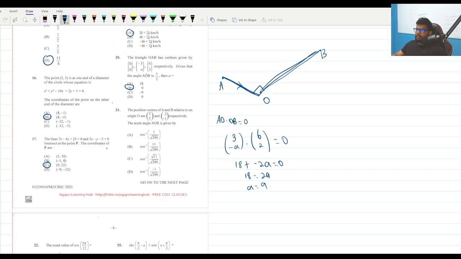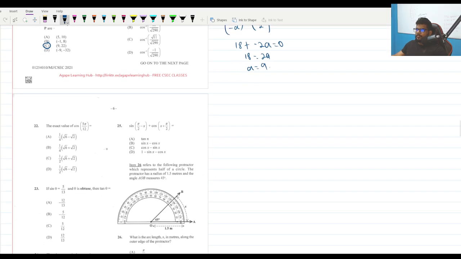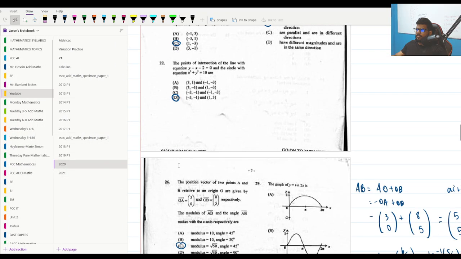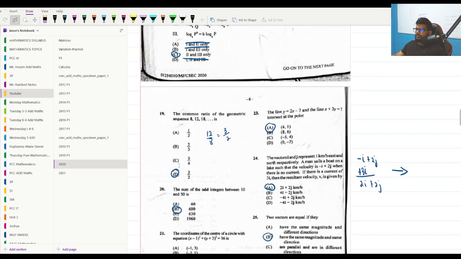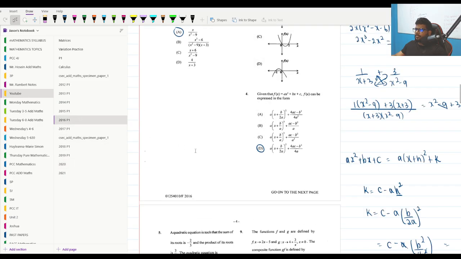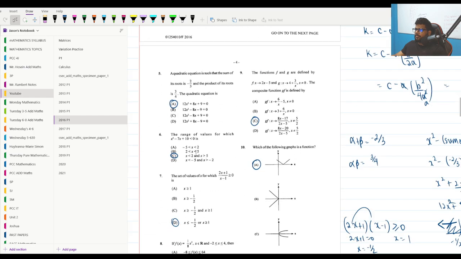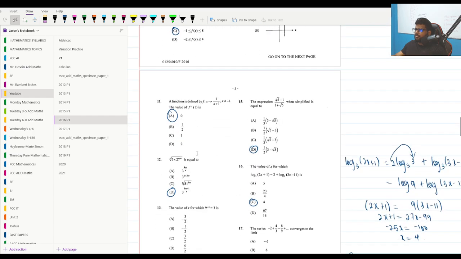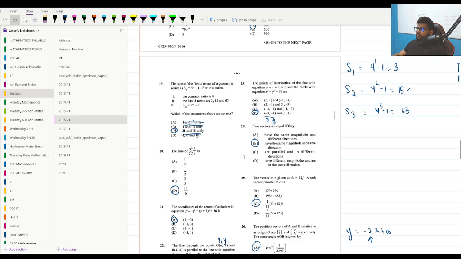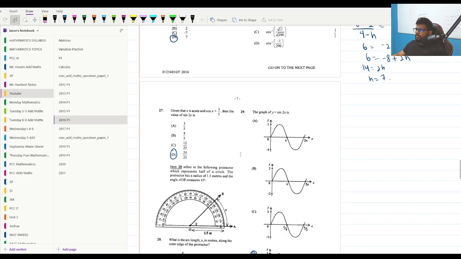Repeat again. This would have been 6. The exact value of 5 pi on 12. This was from last year, and the year before then. Which year was this from?